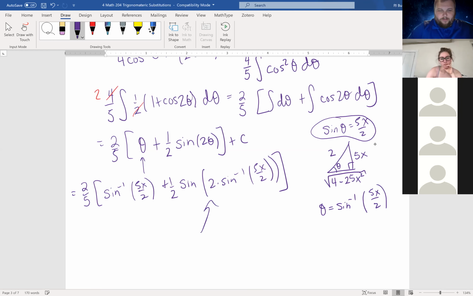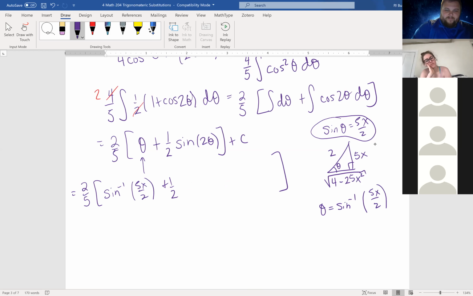This right here is junk. How many of you know what in the world sine of 2 times the inverse sine means? I'm guessing none of you. Okay, so the only time you can use the inverse trig function is when theta is by itself. For this one, we need to use some more trig identities.